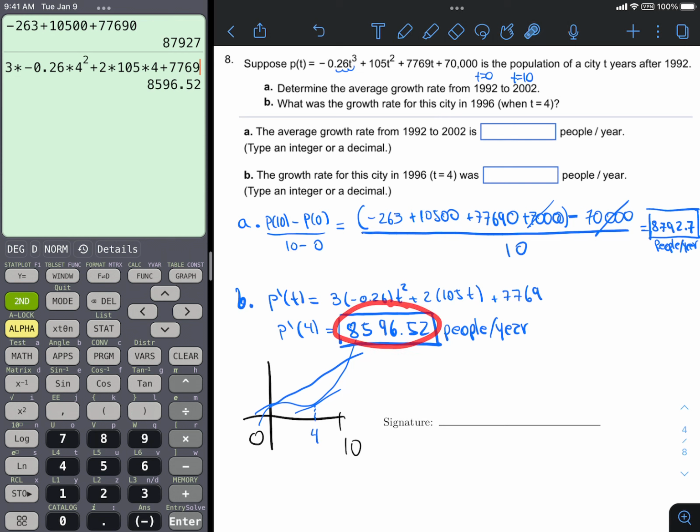So this here is the slope of the tangent at 4. This here is the slope of the secant from 0 to 10. They're close enough, so it does make sense, even though it didn't have to be that case in general.